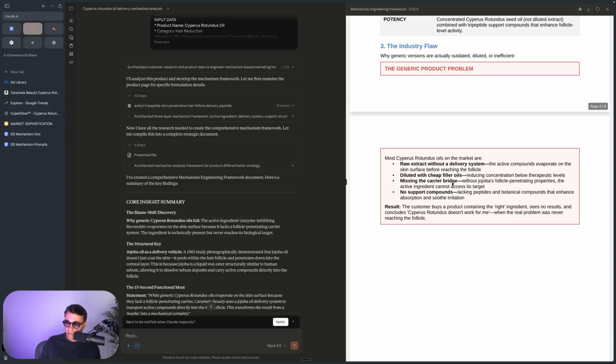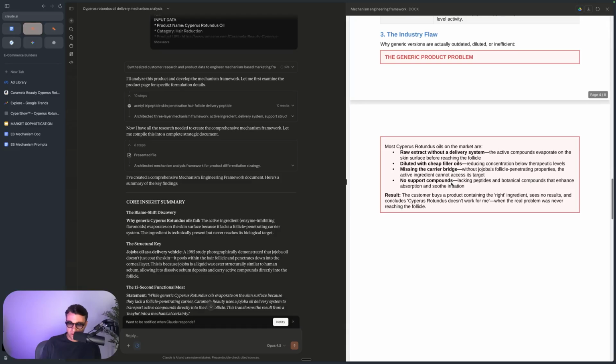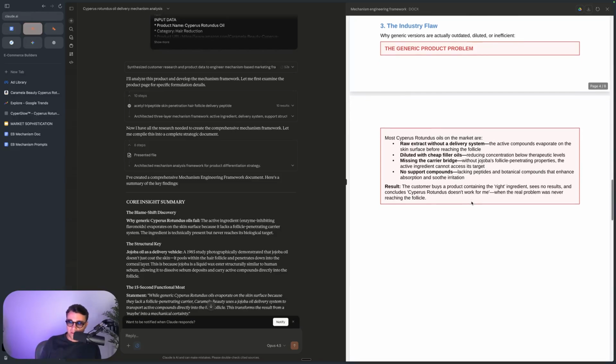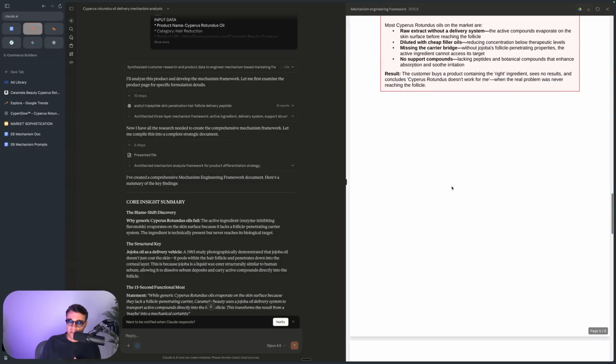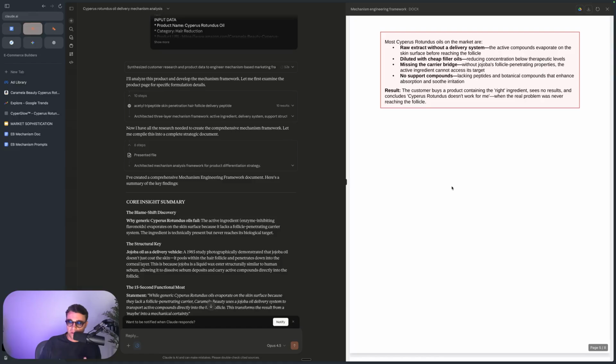The active compounds evaporate on the skin surface before reaching the follicle, diluted with cheap filler oils, reducing concentration below therapeutic levels, missing the carrier bridge without jojoba's follicle penetrating properties. The active ingredient cannot access its target, no support compounds, lacking peptides and botanical compounds that enhance absorption and soothe irritation. Result: the customer buys a product containing the right ingredient, sees no results, and concludes Cyperus rotundus doesn't work for me, when the real problem was never actually reaching the follicle.